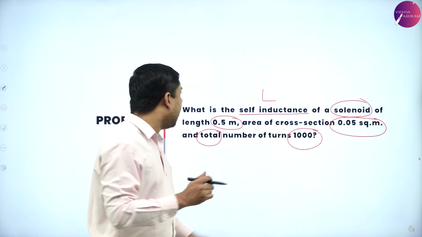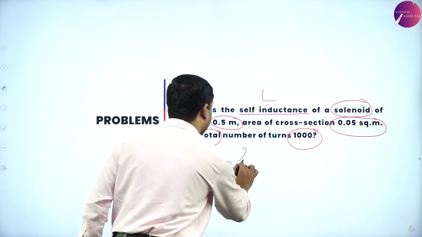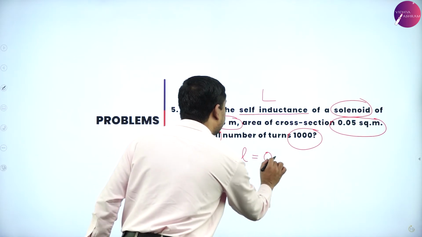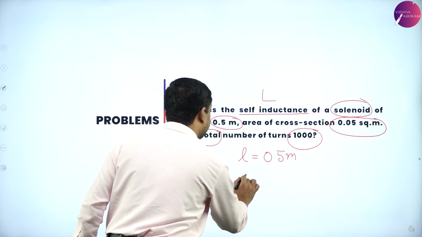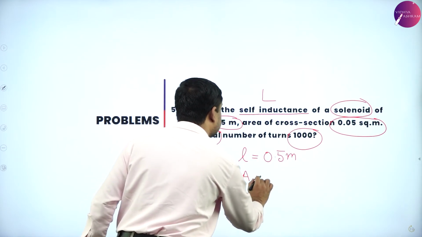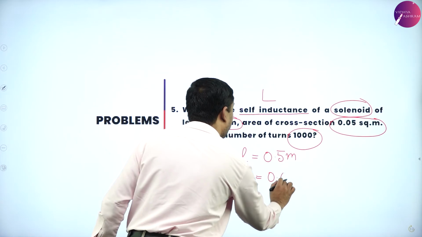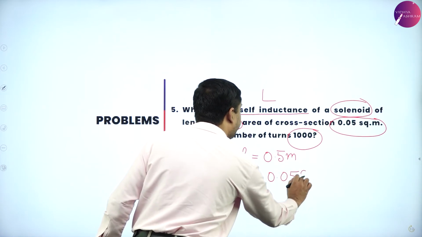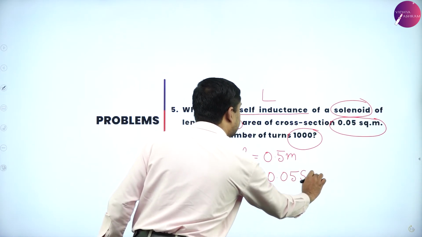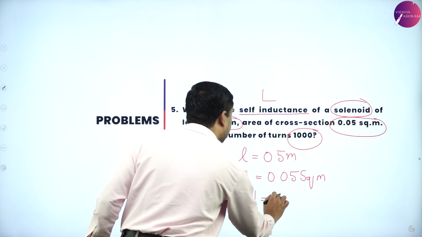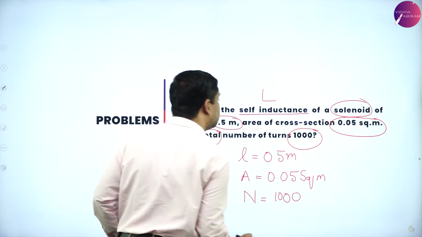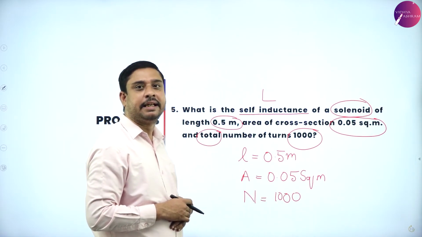So if you collect the data here, length is 0.5 meter, area of cross section 0.05 square meter, and capital N, total number of turns, is 1000.